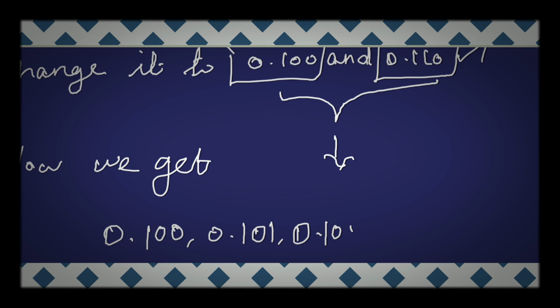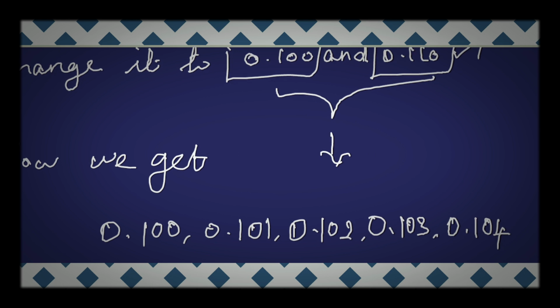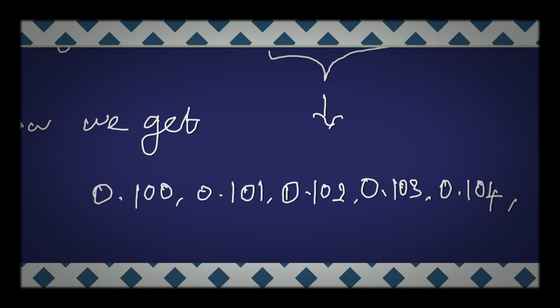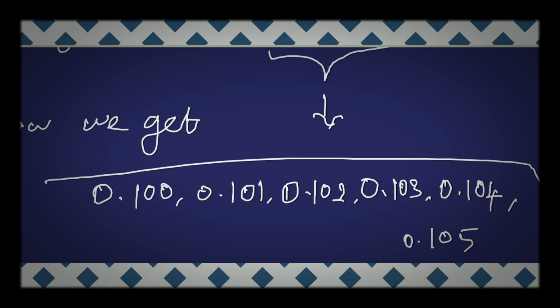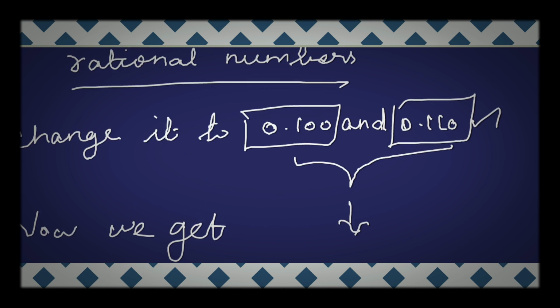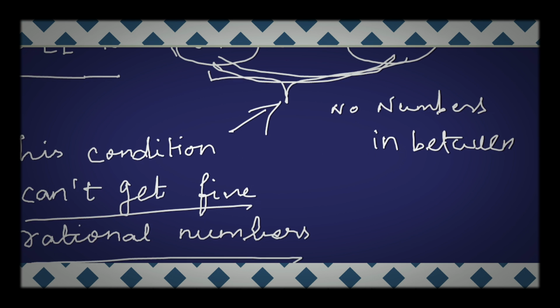So we can take the numbers 0.101, 0.102, 0.103, 0.104 and 0.105. Like that you can write as many numbers as you want in between 0.100 and 0.110. So this is the answer for this problem.